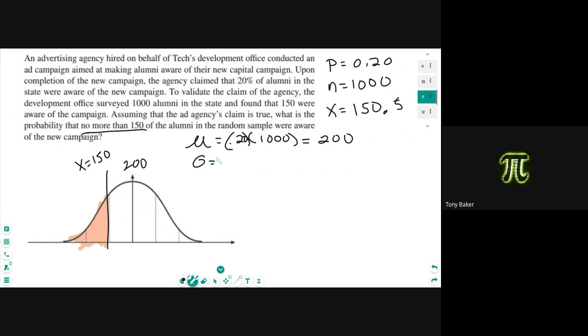What was the formula for standard deviation? It was N times P times 1 minus P, and then the square root.